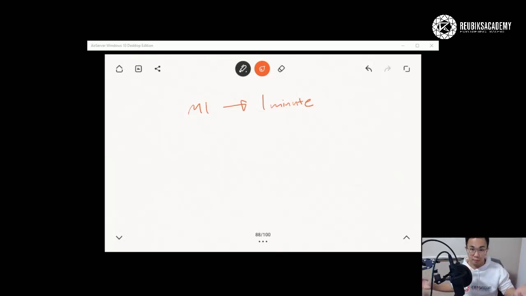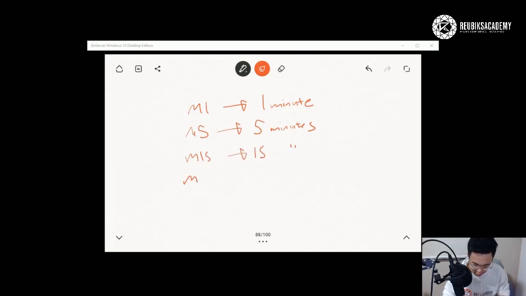That is how a series of candlesticks appear together, and together they tell the story of where the price has been. Then there's also M5, which is 5 minutes. Then there's M15, which is 15 minutes. There's M30, which is 30 minutes. Then after that you have H1, which is 1 hour. Then you have H4, which is 4 hours.